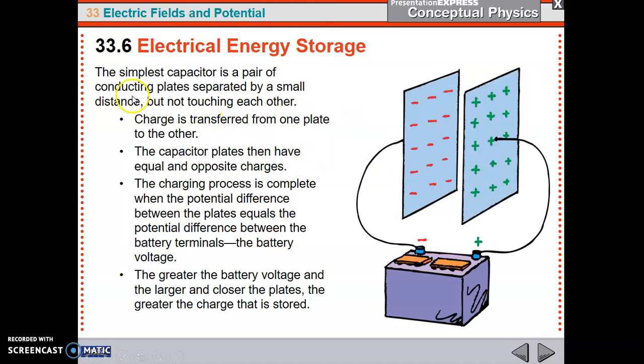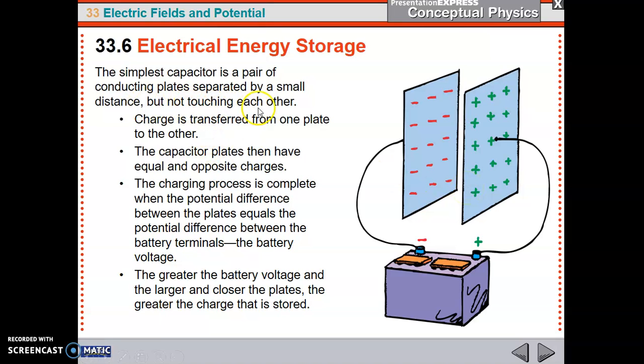Okay, so the simplest capacitor is a pair of conducting plates separated by a small distance, but not touching one another. If this plate was touching that plate with the positives and the negatives that are attracting each other, if the plates touched, well, then the charges would just march across and all pair up and all go to zero.